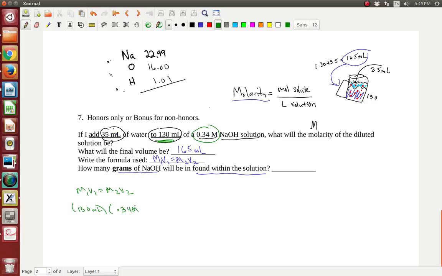Now, I wrote these kind of backwards. I put the volume there and the molarity there, but it doesn't matter because it's multiplication. This is going to be equal to whatever the new molarity is, and I don't know what that new molarity is, but I do know what the new volume is, because that's what this was, the new volume.